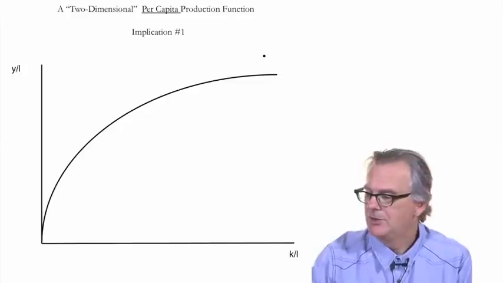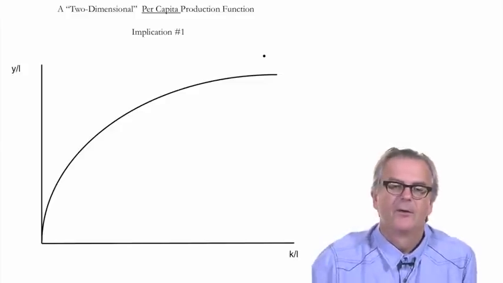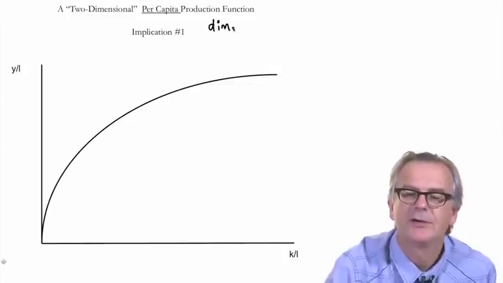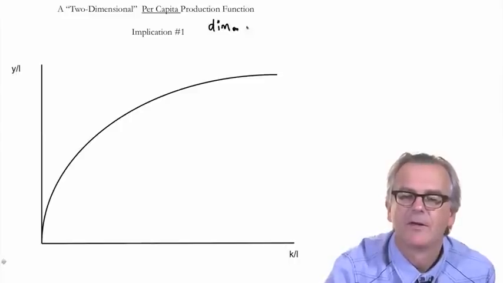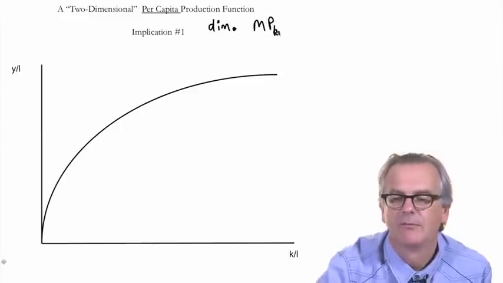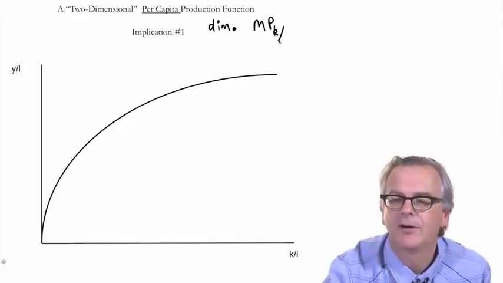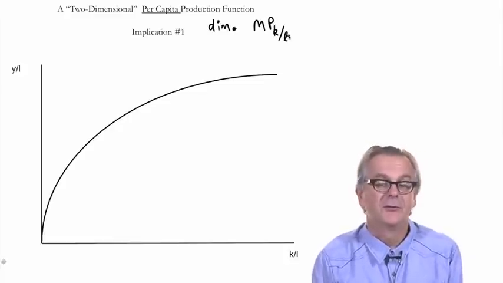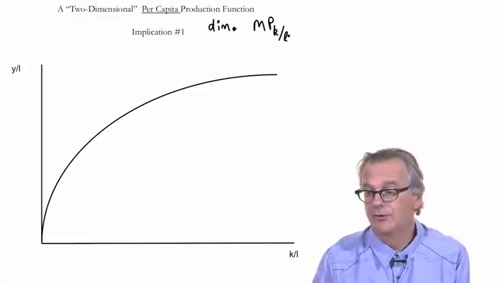So implication number one relates to that idea of the diminishing, which I'll just abbreviate to DIM, the diminishing marginal productivity of capital. Strictly speaking, in this case, the diminishing marginal productivity of providing more capital per person.